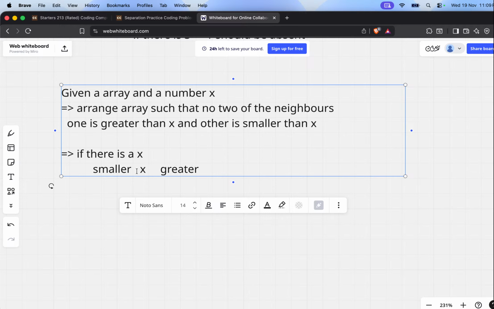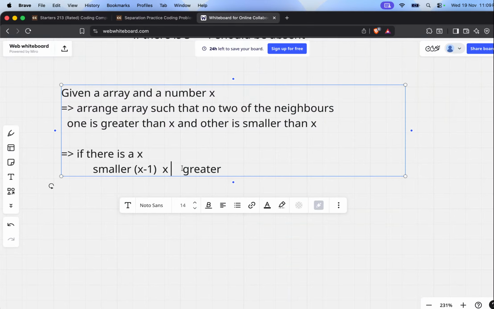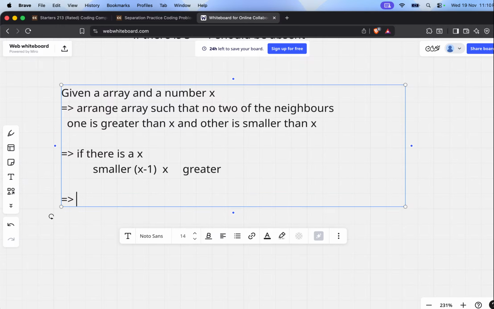Now, let's say the number in the smaller part is x minus 1. For this pair of elements, one is strictly smaller than x, but the second is equal to x, not greater than x. So our not-separated condition is still satisfied. Similarly, what happens if there is not an x?